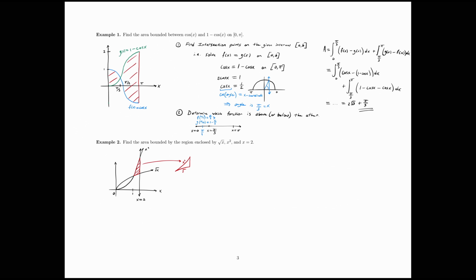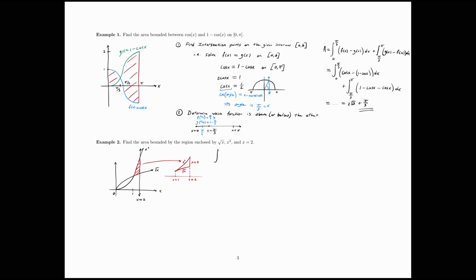This bottom boundary is square root of x. And this vertical line boundary on the right is x equals 2. And this point here happens to be at x equals 1. Okay, so that looks like a nice little setup there. So for us, we should be able to read this off pretty easily.